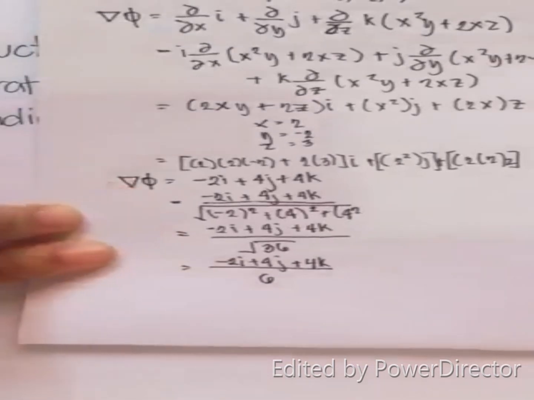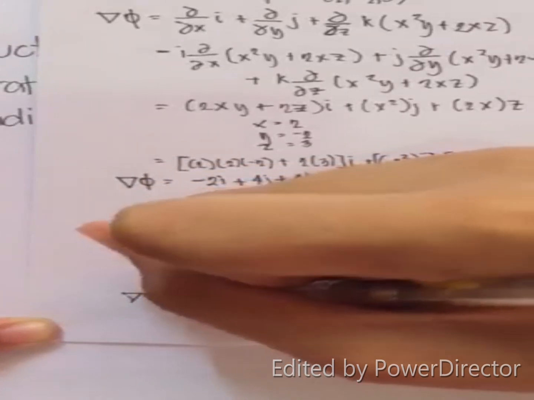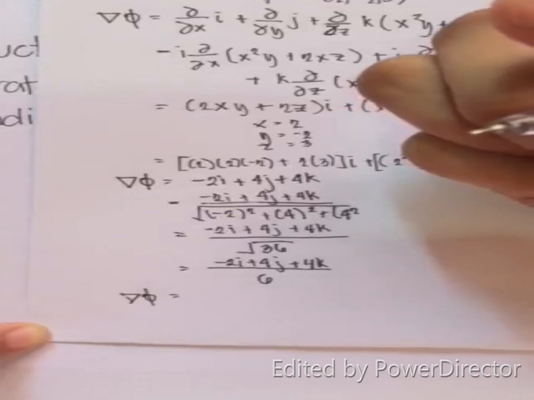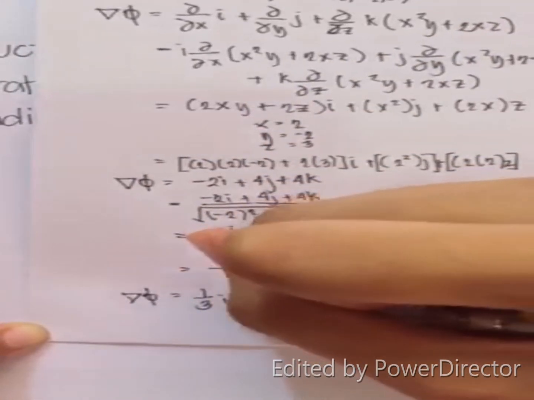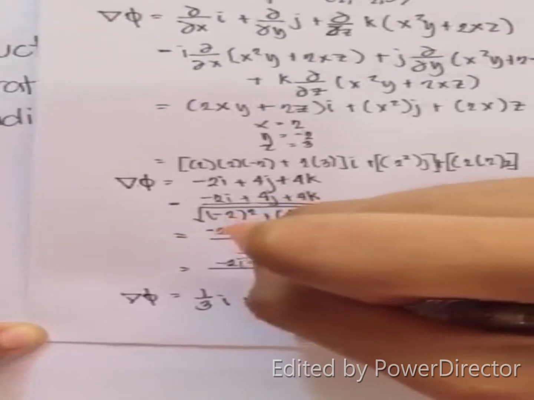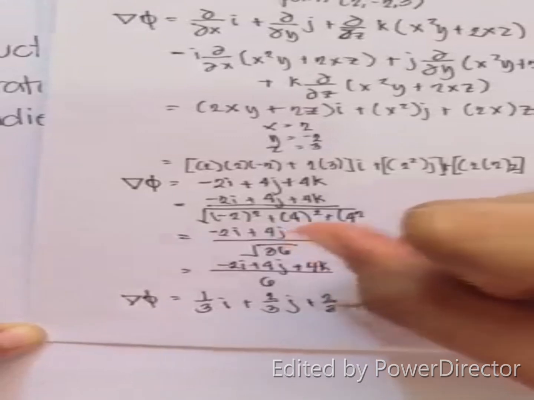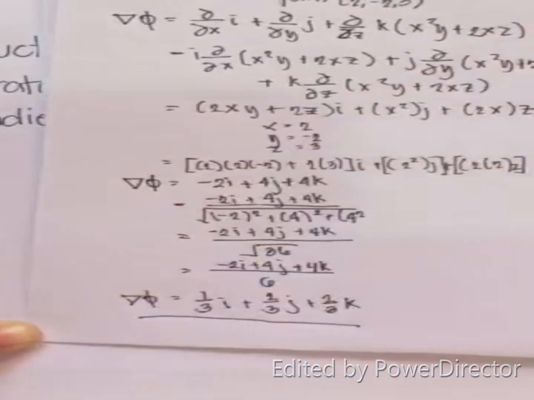After performing the operation, we have arrived at our answer, which is the unit normal equal to 1/3 i plus 2/3 j plus 2/3 k. So that's it. This is our answer.